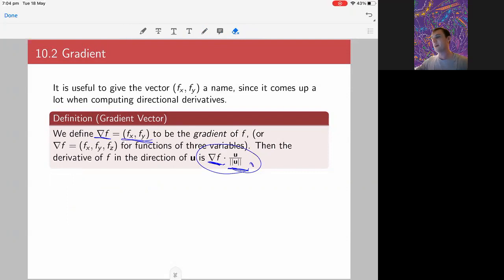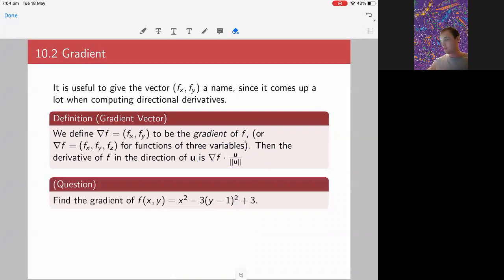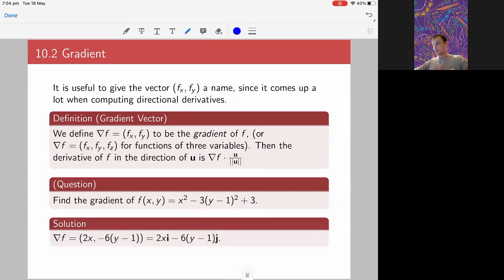All right, so we just defined the gradient vector. Let's have a look at an example. Let's say we've got the function f(x, y) = x squared minus 3 times (y minus 1) squared plus 3. What is the gradient?